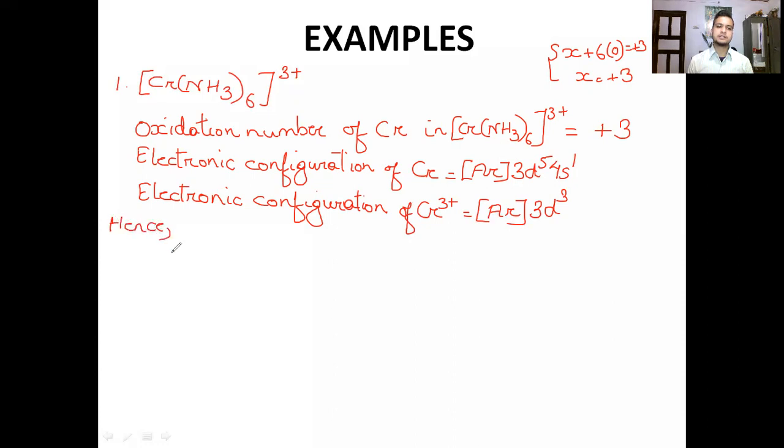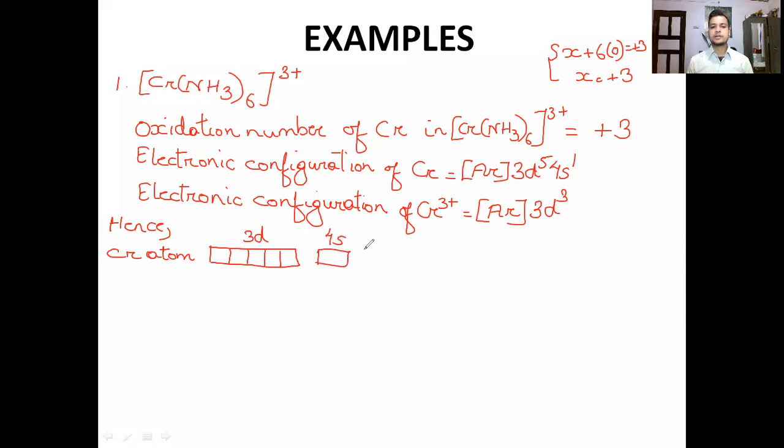So let me draw the configuration for the Cr atom. How do we draw it? We know that it has 3d5. So 1, 2, 3, 4, and 5. So this is 3d. Then the next one is 4s, definitely.